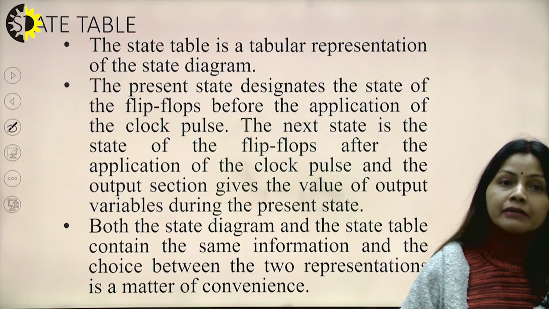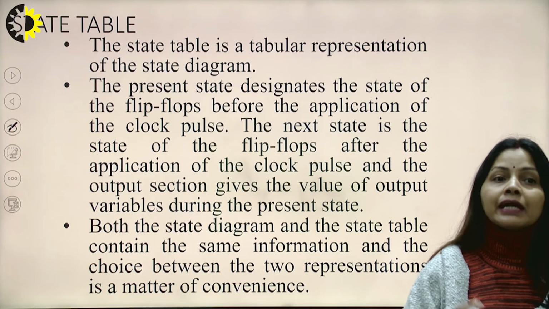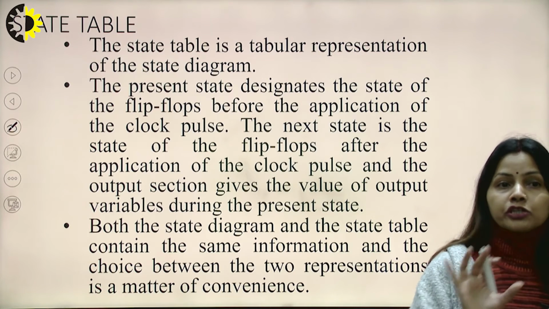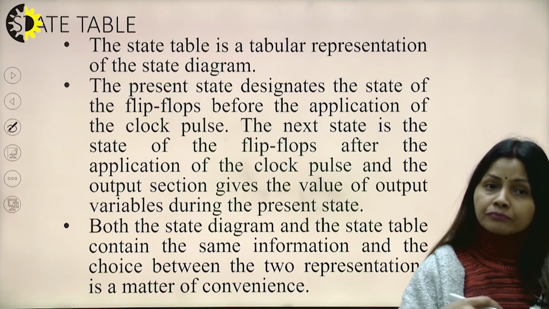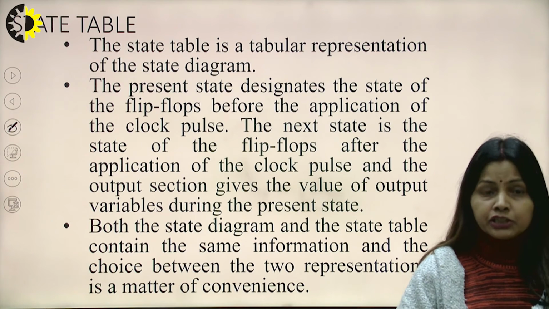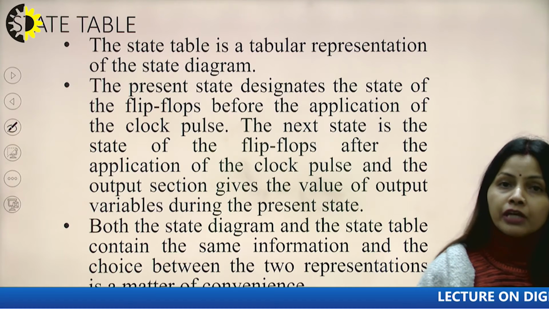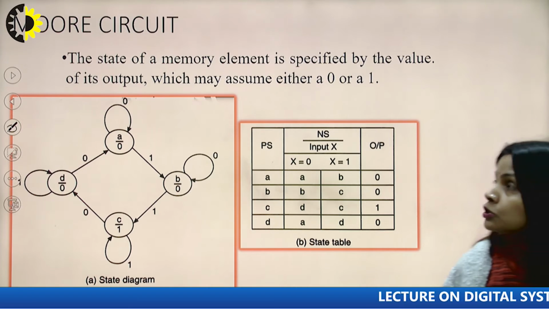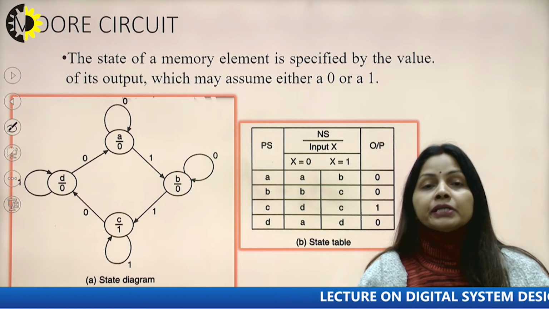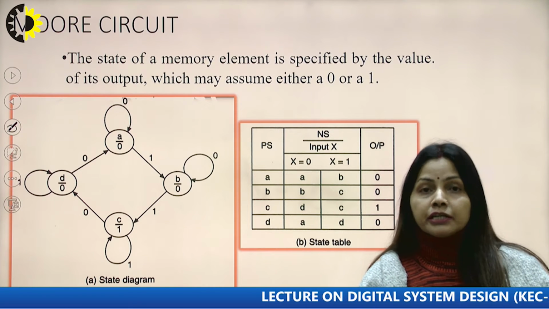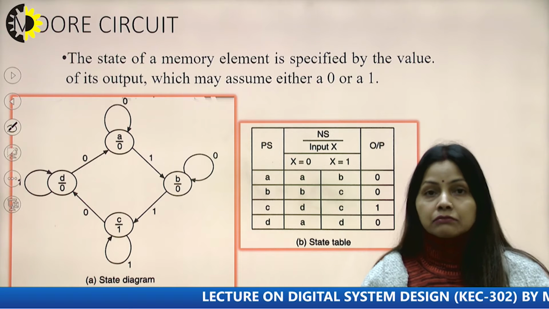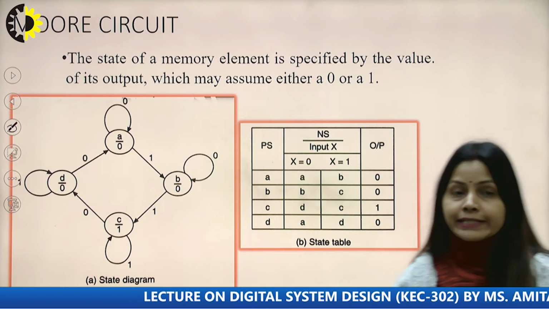They contain all the information and the representation, and we can use them for our convenience. Another type of representation that is very famous is known as the Moore circuit.